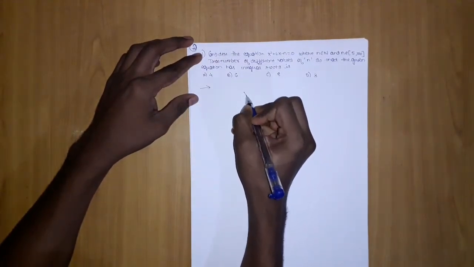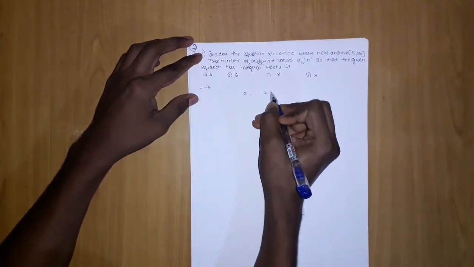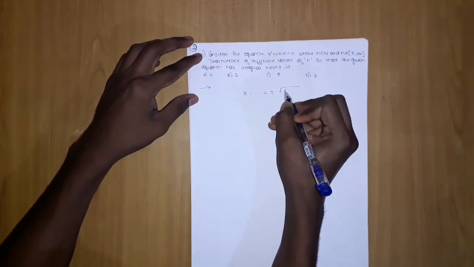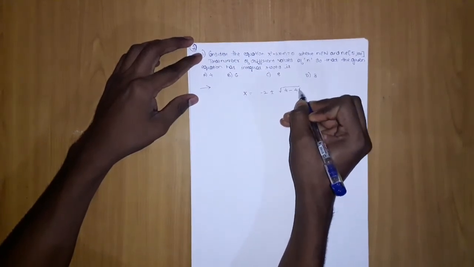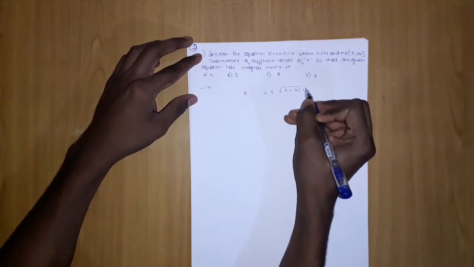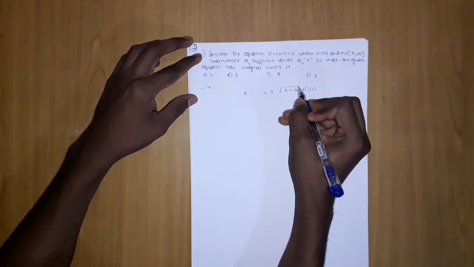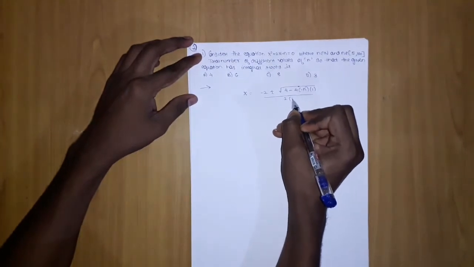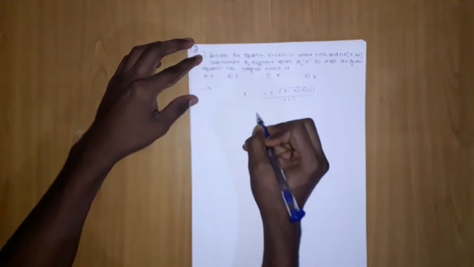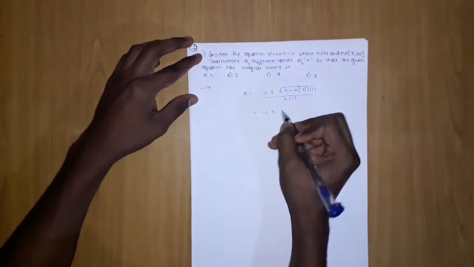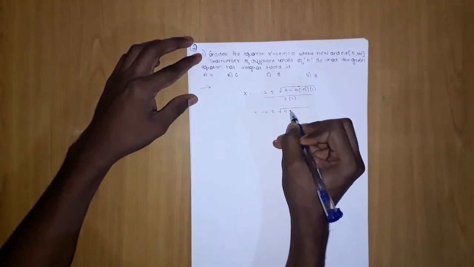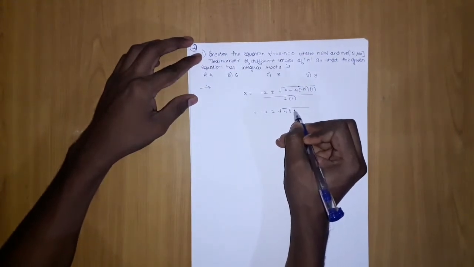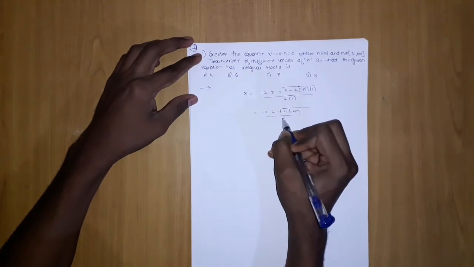x is minus 2 plus minus under root b square minus 4ac, that is 4 minus 4 into minus n into 1, upon 2 into 1. Further on, it will become 4 plus 4 into n upon 2.